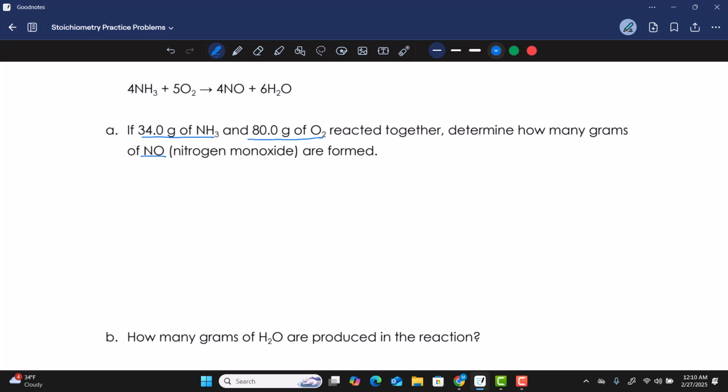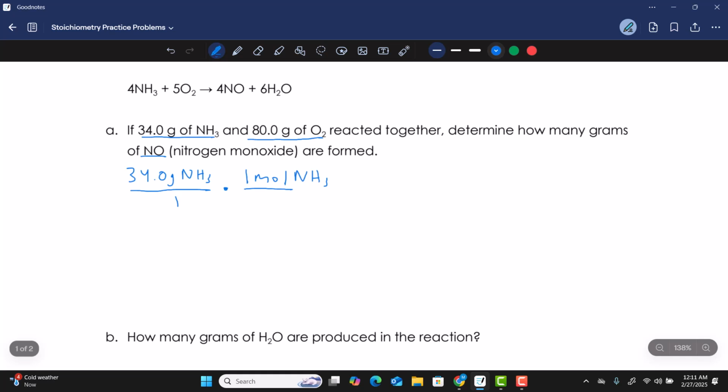So let's do 34.0 grams of NH3. First, we want to convert this into moles, so we would have moles on the top and grams on the bottom. So we have grams on the top, that means that we want grams on the bottom so that they can cancel. So we would do 1 mole of NH3 would be equal to the molar mass of NH3, which we can find on the periodic table.